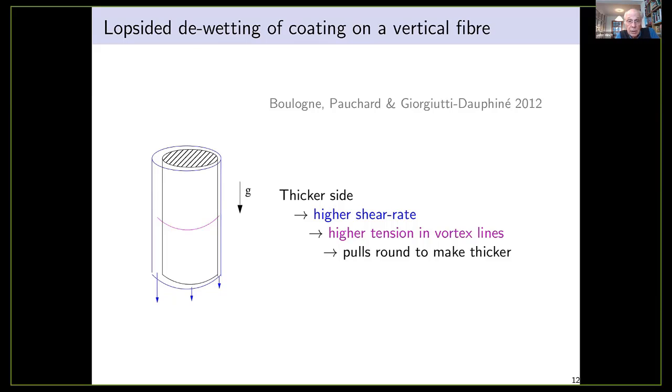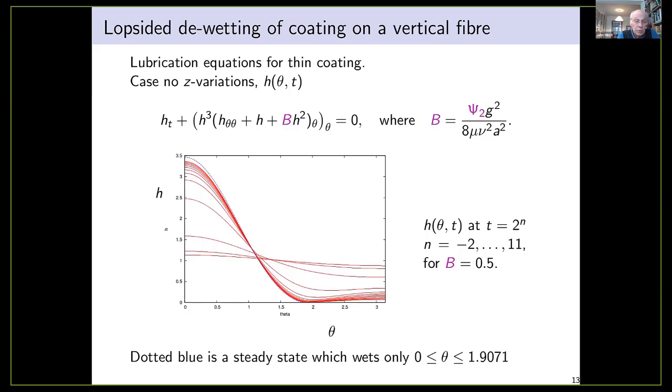Now we can study this with a little mathematics if we've got a few moments, which we think we have. You can set up for a thin coating, so lubrication equations. I've ignored the variations in the direction of gravity downwards and just worried about how the coating thickness H varies in time with theta around the fibre. So we have a normal H cubed response for the flux depending on the pressure gradient. There's a pressure gradient in the theta direction, and the pressure gradient has two contributions.